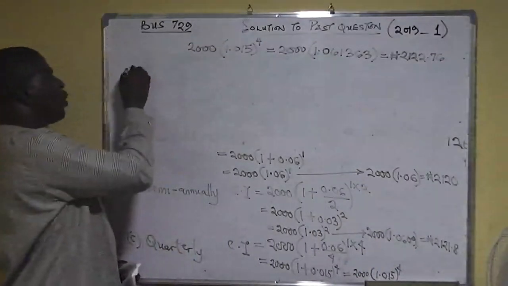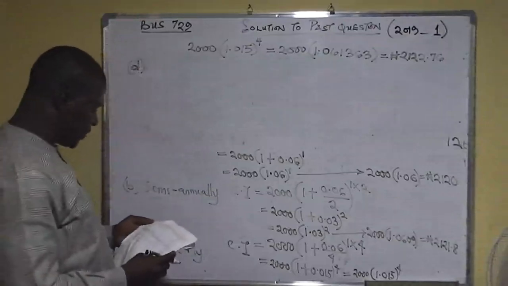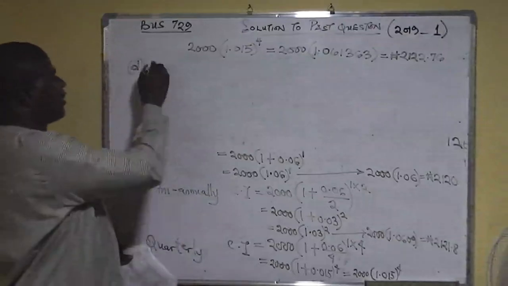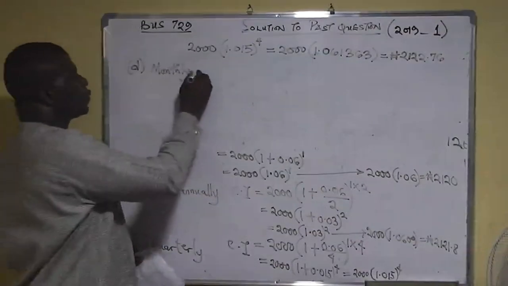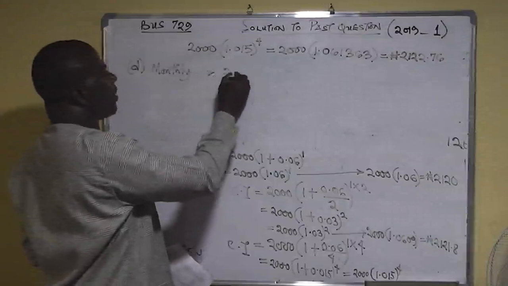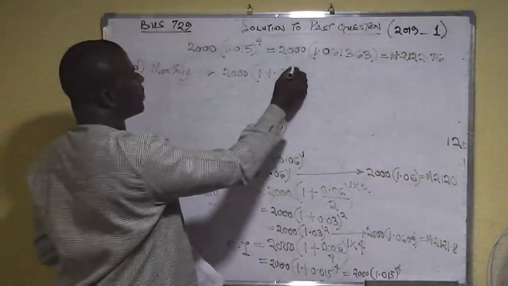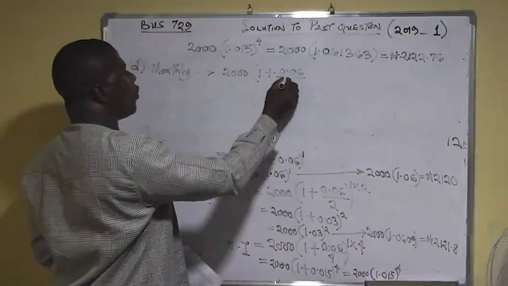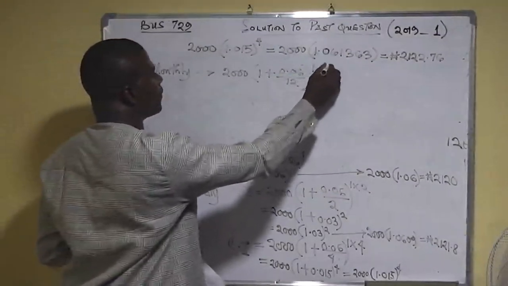And for the last one, which is D, which is monthly, it's going to be 2000 into bracket 1 plus 0.06 all over 12, into bracket 1 times 12.